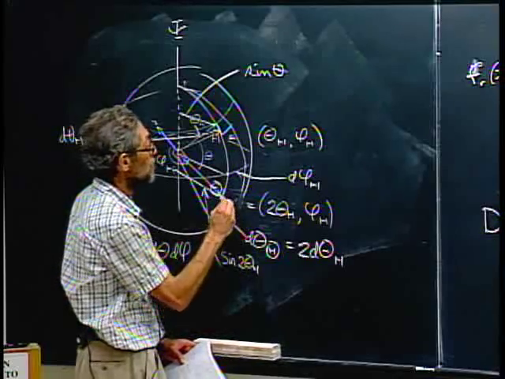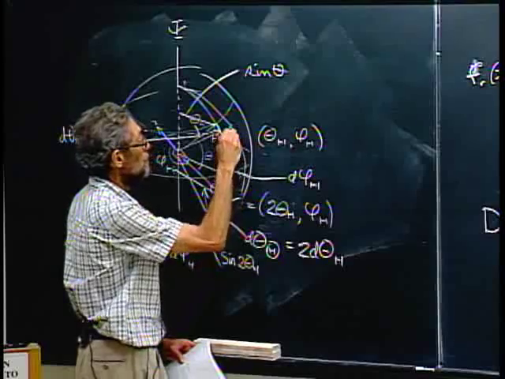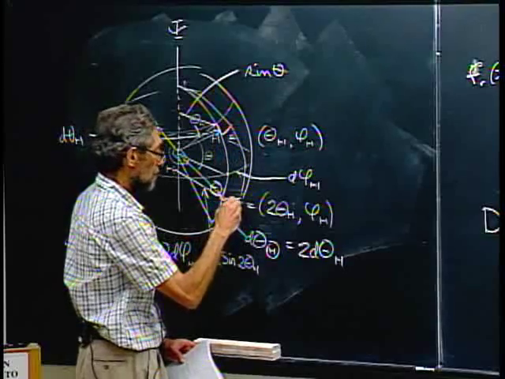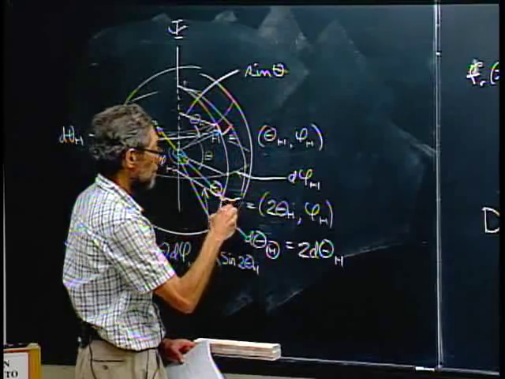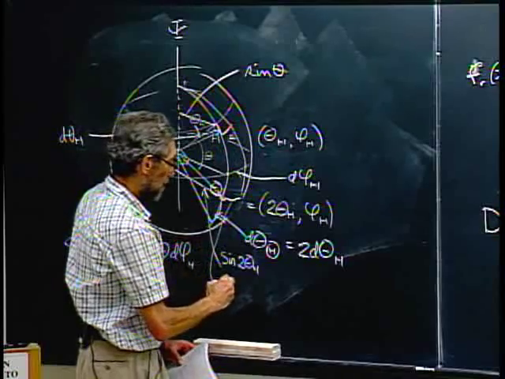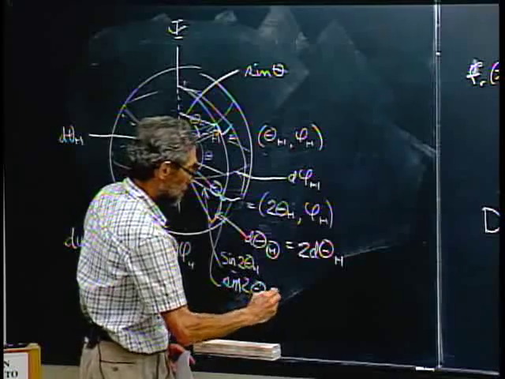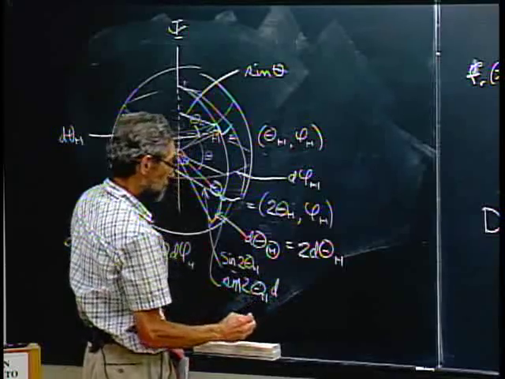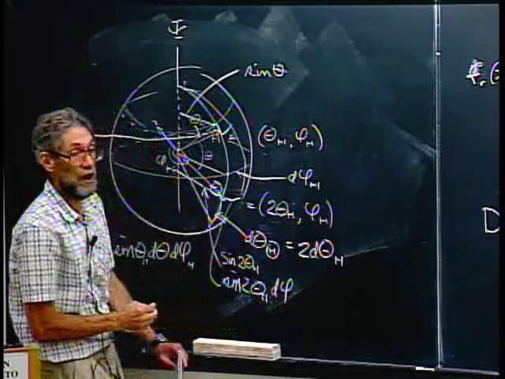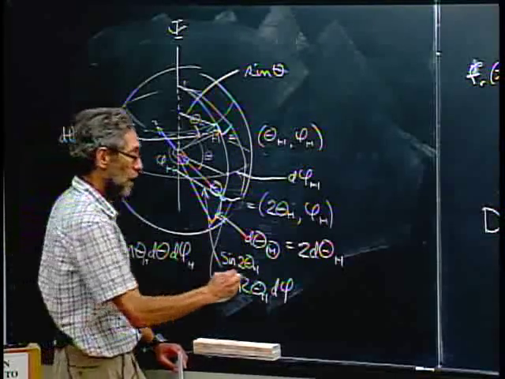And what I'm interested in is, what is the length of this arc? This length is this sine 2 theta h times d phi. The phis were the same, right? I could put h on all of them.